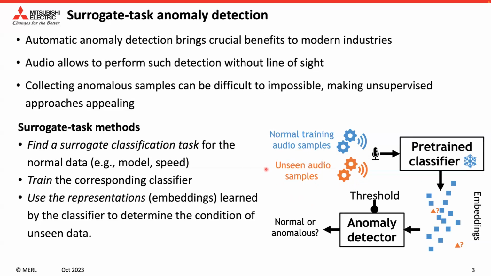Once we receive an unseen audio sample, we can check where its embedding lands relatively to the others and hopefully build some kind of anomaly detection based on those characteristics.